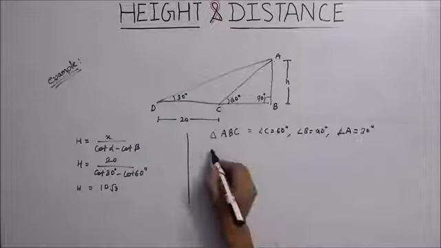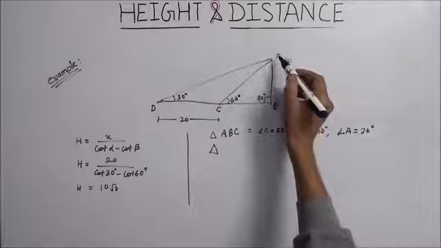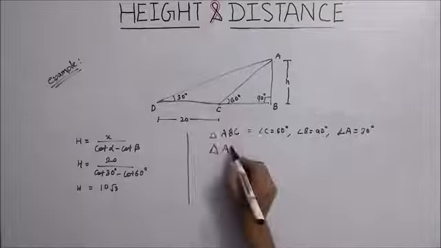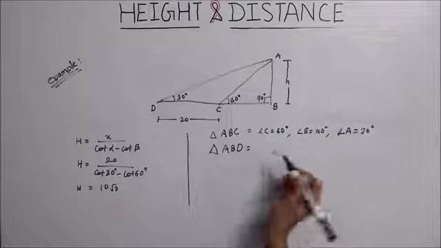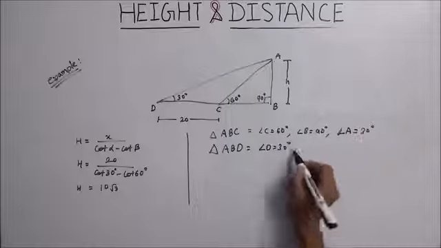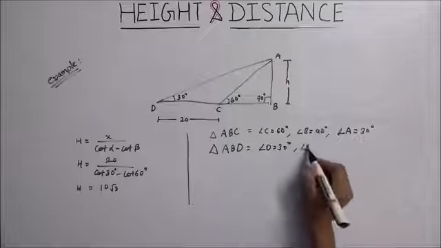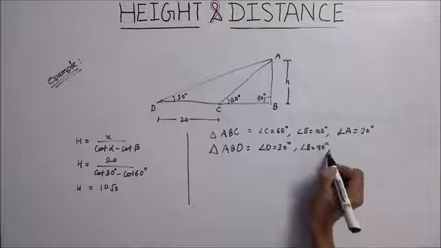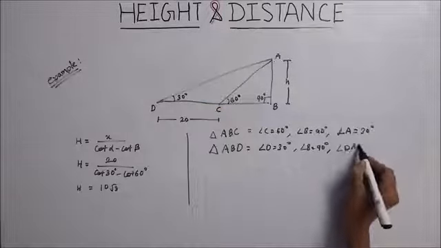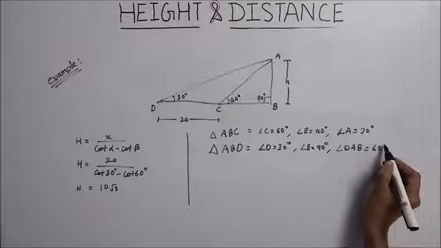But if we talk about triangle ABD, in this triangle angle D is 30, angle B is 90, and the complete angle DAB is equal to 60 degree.